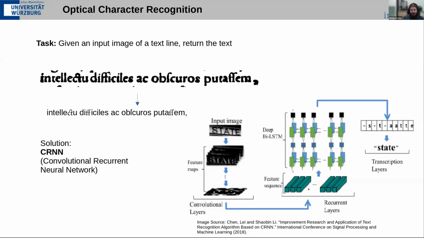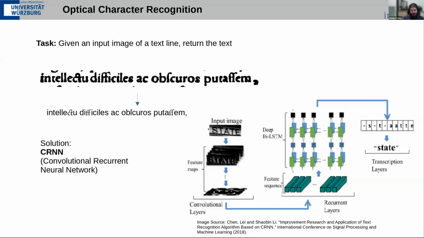This feature sequence is then fed into an LSTM model, which aims at modeling the context between adjacent feature arrays so that we can carry context from one letter to the next. The LSTM will then produce an output for each individual vertical slice of the input image.